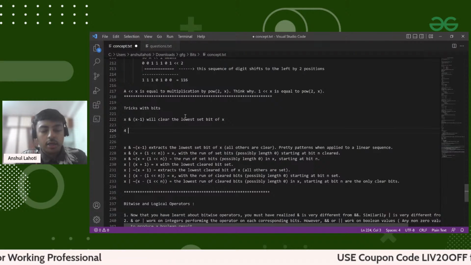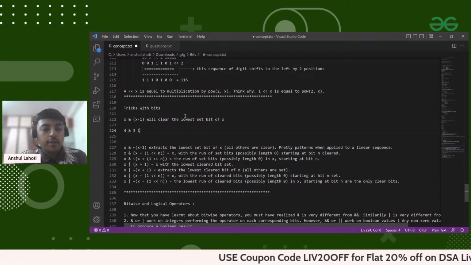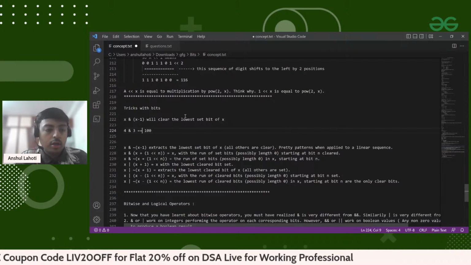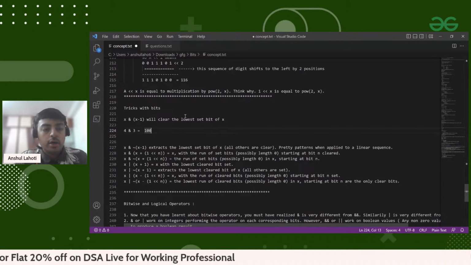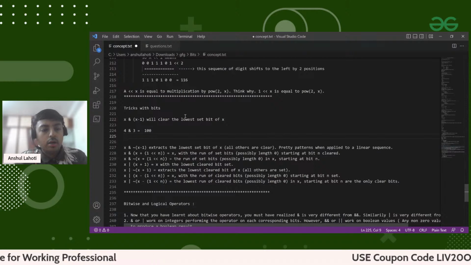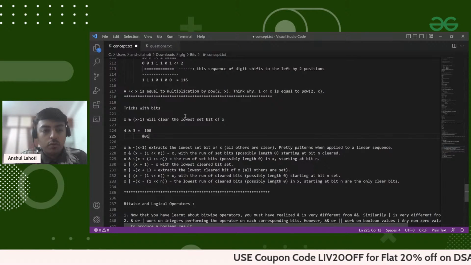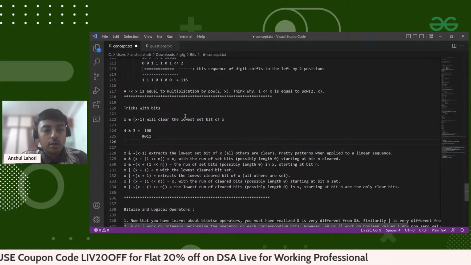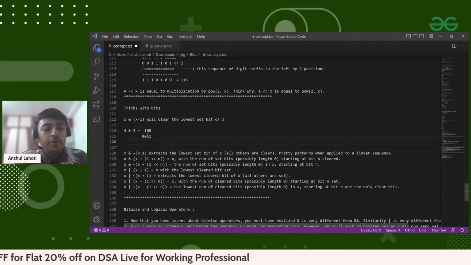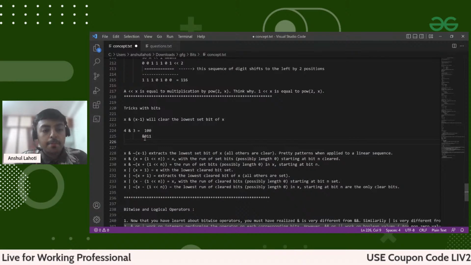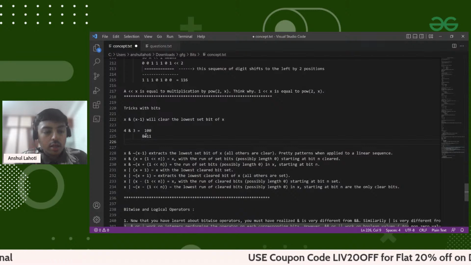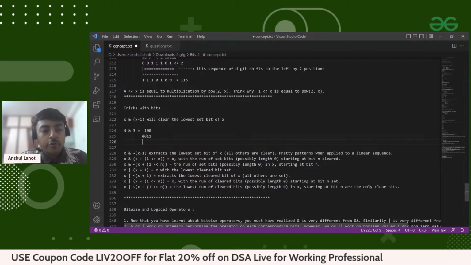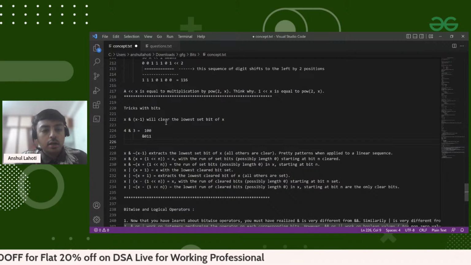4 and 3. So 4 is 1 0 0 and 3 is 0 1 1. If you take the AND of these, you will clear the lowest set bit of x.